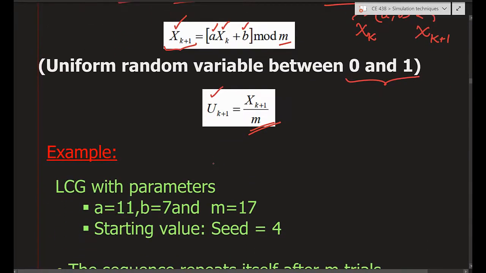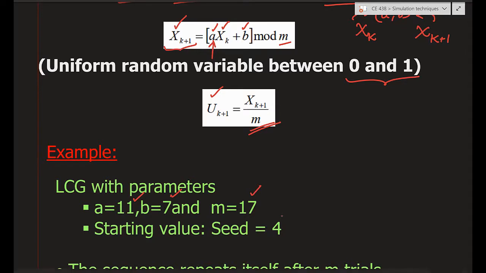We will illustrate using an example, and this algorithm is called the linear congruential generator. Let's say we take a equals 11, b equals 7. We can take basically any values for a, b and m. Let m equal 17, and let's start with a seed value. Seed value means the initial random number, that is x0.